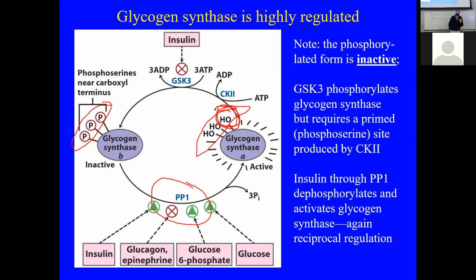This phosphoserine has to exist before you bring in a second enzyme, this glycogen synthase kinase 3, which is going to then phosphorylate several serine molecules, and in doing so, inactivates the glycogen synthase.